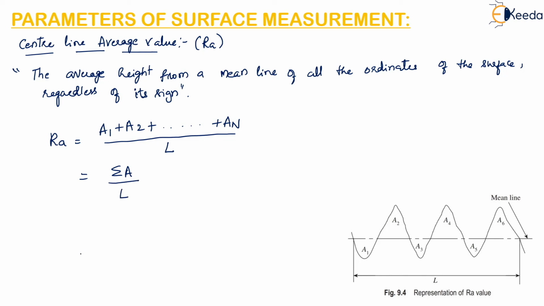Many countries like USA, Canada, Switzerland and Netherlands have exclusively used this RA value as a standard for measuring surface roughness.